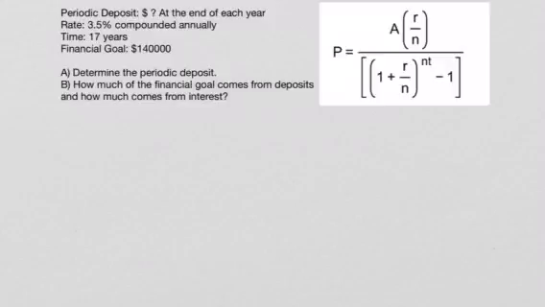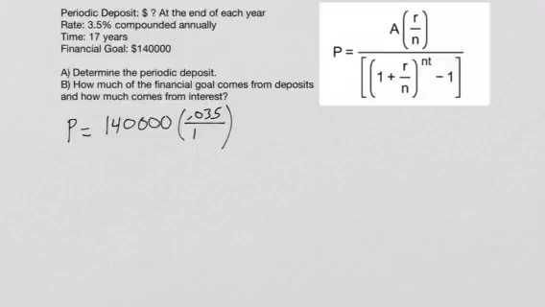So the formula is the same formula, except now we solved it for P so that we could find that periodic deposit amount. So we're just going to plug directly into it. So we have P equals your A, which is your financial goal, in this case $140,000, times your R, which is 0.035, divided by N. In this case, we're doing it annually, so my N is just 1.